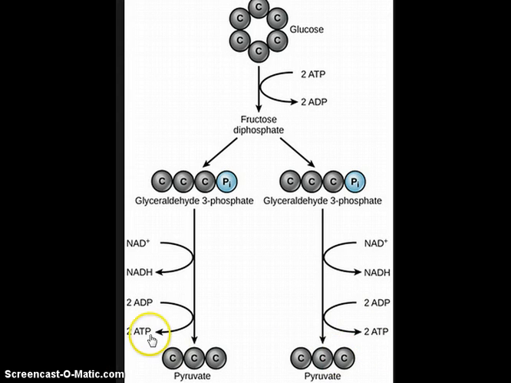So at the end of the glycolysis portion, we've got 2 3-carbon sugars called pyruvate. And as long as there is oxygen present, these are going to go on to the next step. If there's no oxygen present, what happens is our cells convert them into lactic acid.